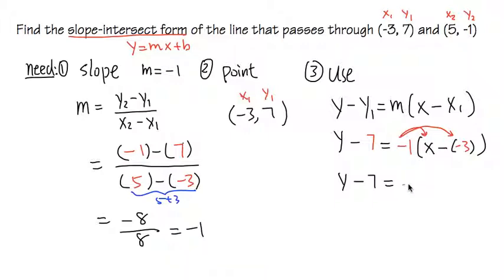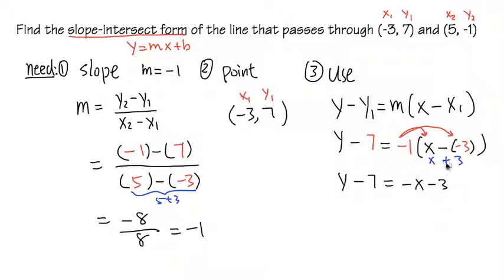-1 times x is -x. Here, let's do this in 2 steps. Inside, originally I have x, but then negative times negative, it's going to be plus 3. Okay? And now, because I distribute the -1 into the positive 3, I will get -3.